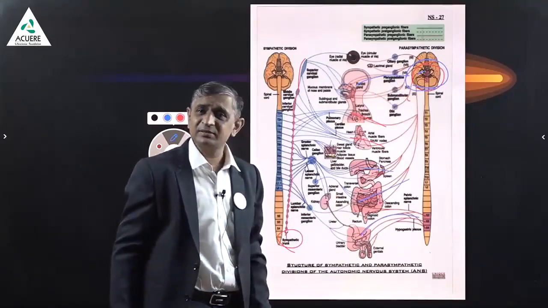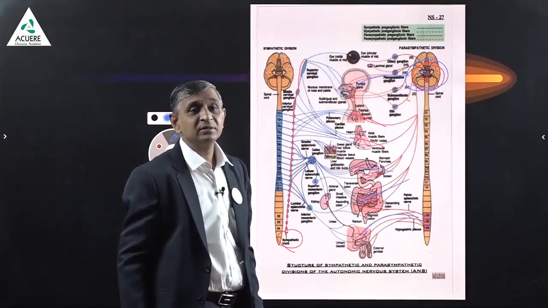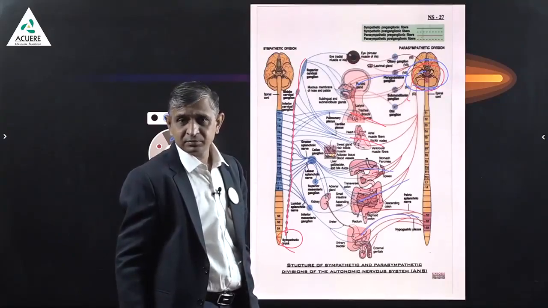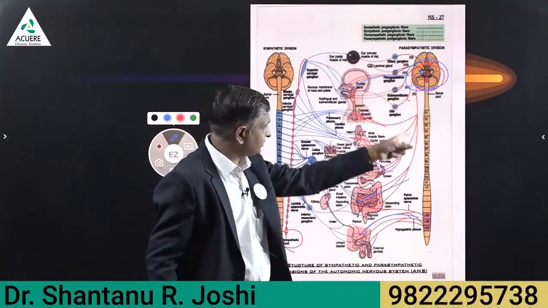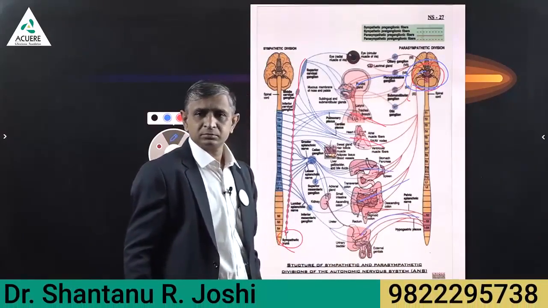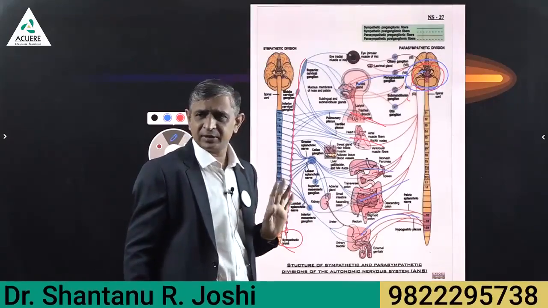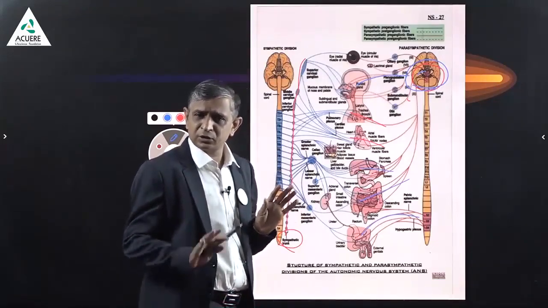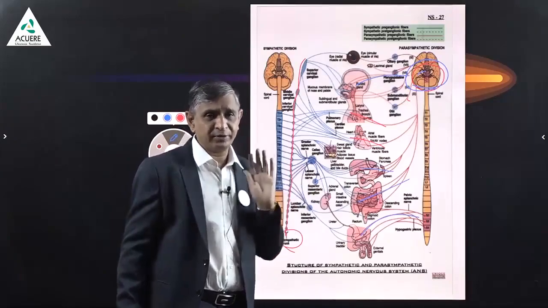That system is known as the parasympathetic nervous system. That system is known as the cholinergic nervous system. Parasympathetic nervous system is equal to cholinergic nervous system. If you understand this, you will understand the whole lecture. If you don't understand this, nothing will happen. Now, the point is very important.